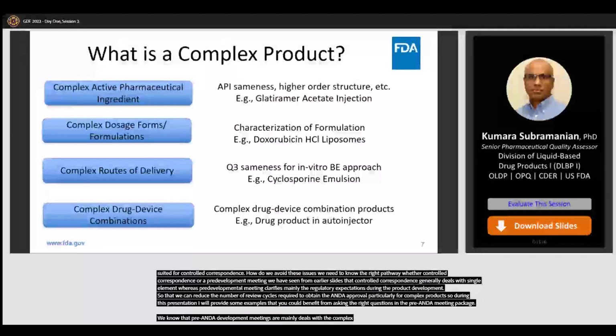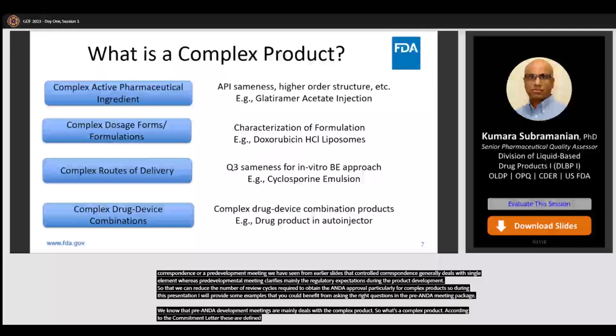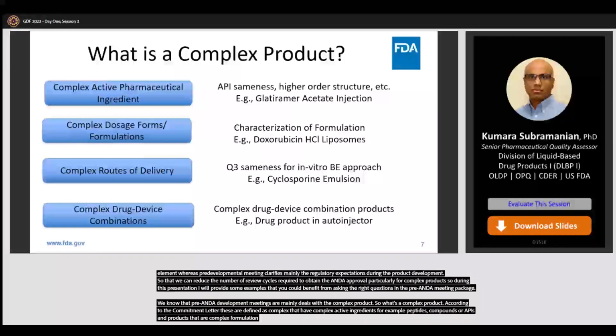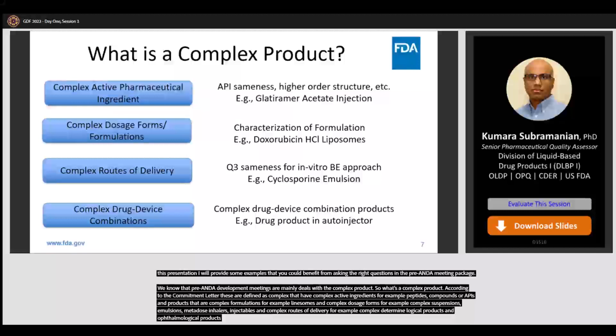Per the GDUFA III commitment letter, complex products are defined as products that have complex active ingredients, for example, peptides, polymeric compounds, complex mixtures of APIs, and products that have complex formulations, for example, liposomes and colloids, and complex dosage forms, for example, complex suspensions, emulsions, transdermal systems, metered-dose inhalers, extended-release injectables, and complex routes of delivery, for example, complex dermatological products, complex ophthalmological products, and finally, complex drug-device combination products. For example, I would say pre-filled auto-injector products, metered-dose inhalers.